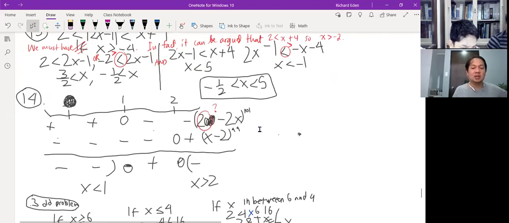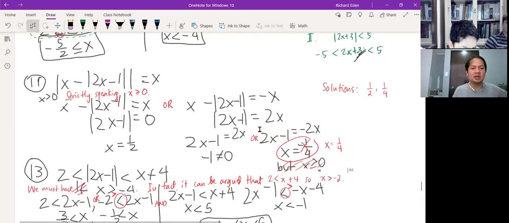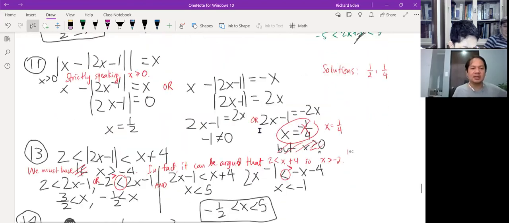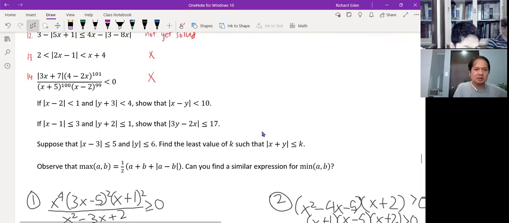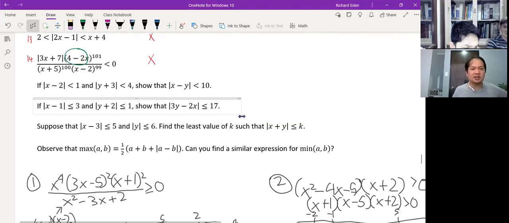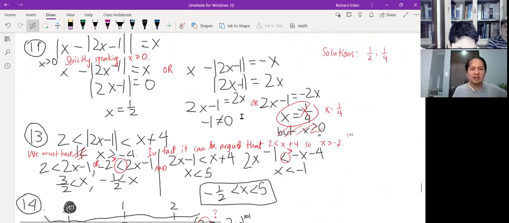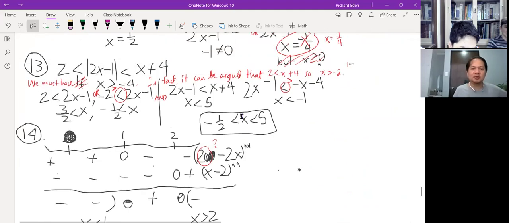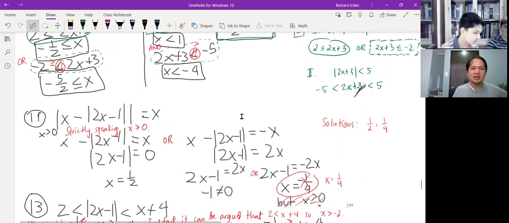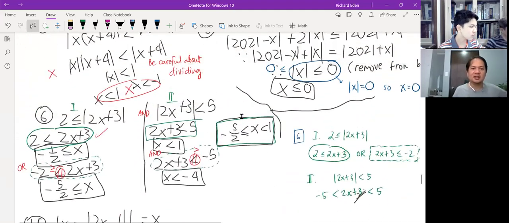Okay. Number 14, parang nagkamali ka kasi number 14, kita mo to, there's 4 minus 2x and you ended up using, it appears, asan na yan, sorry.